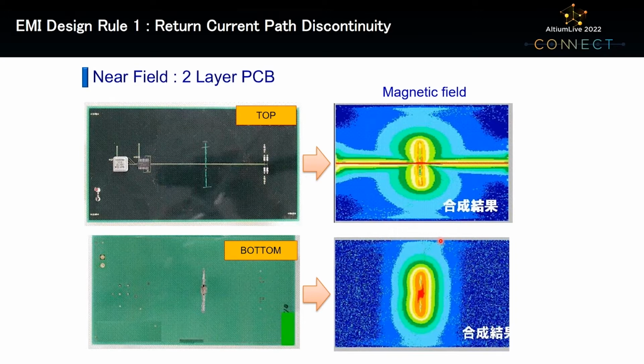Basically, the magnetic field occurs only between the signal trace on the first layer and the ground plane on the second layer. But in this case, the magnetic field is diffused from the slit to the back side. This was a very interesting measurement result. The spread of this magnetic field shows a strong electric field intensity in the far field as common mode noise.